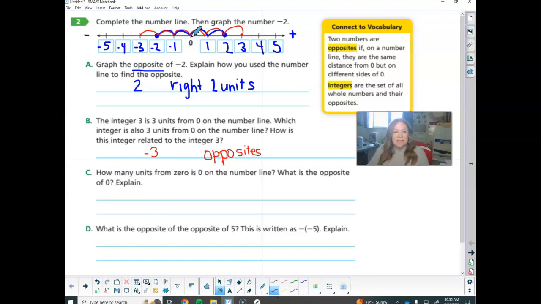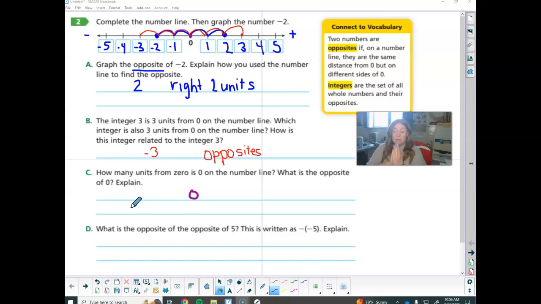C says how many units from 0 is 0 on the number line. So if we're here at 0, how many places do we have to move to get to 0? 0. Hope you got that. Okay, right? I don't have to move at all to get to 0. So what is the opposite of 0? What do you think? So take a second and talk with a neighbor about what you think the opposite of 0 is. So there actually is no opposite of 0.